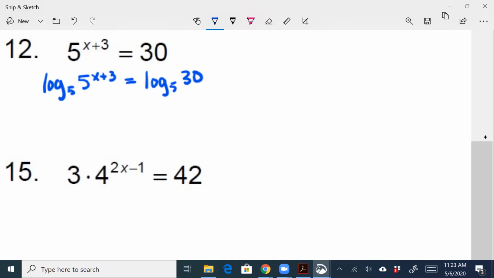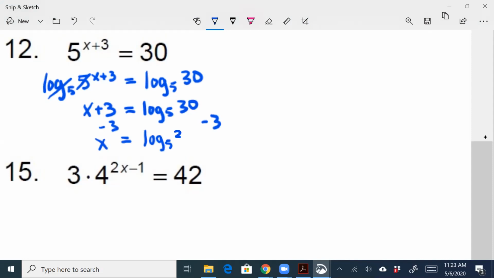And that would cancel the 5 here, leaving x plus 3 is equal to the log base 5 of 30, and subtract 3. So x equals log base 5 of 30 minus 3.